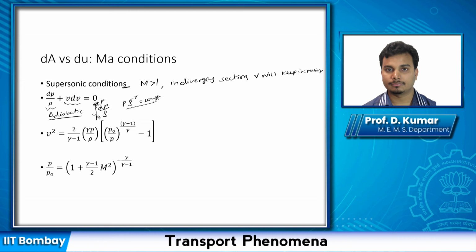If you do that integration, you will get this result where any local velocity can be given as 2 times this expression, where P naught is your entry pressure and P is the local pressure, and this gives you the local Mach number. So V squared by a squared, where a squared is gamma RT by M, which is essentially the same as gamma P by rho. So you can write this equation in terms of M squared as well, and rearrange to find P by P naught.